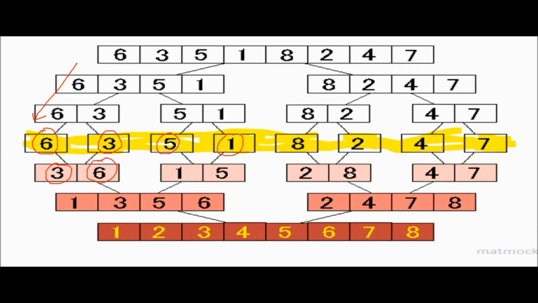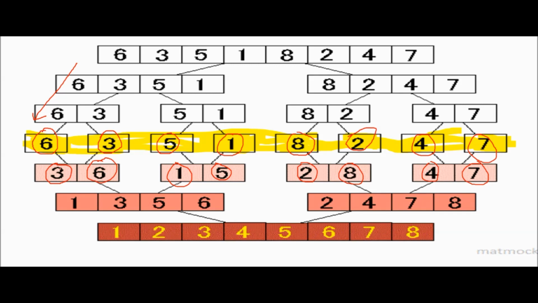Before merging 5 and 1, we compare them and find that 1 is the smallest, so we keep it first, followed by 5. While comparing 8 and 2, we follow the same logic, hence 2 will be first and 8 will be added later. In the case of 4 and 7, 4 is already smaller than 7, so we add 4 first, followed by 7.